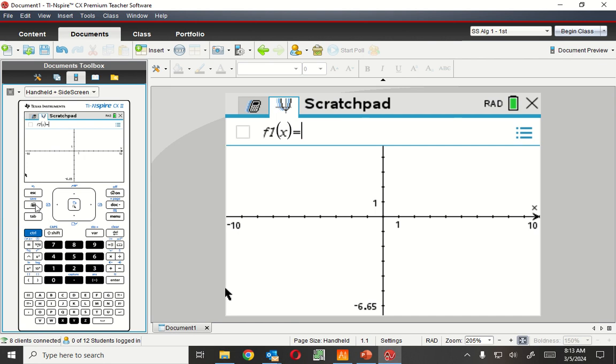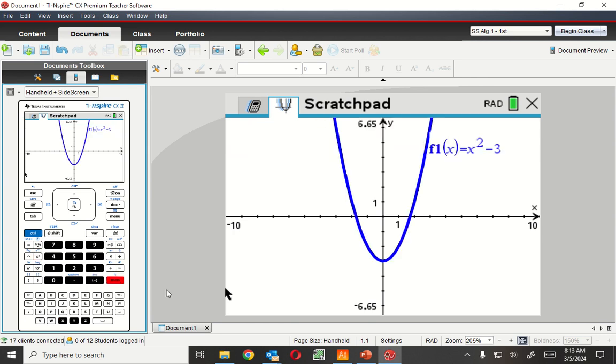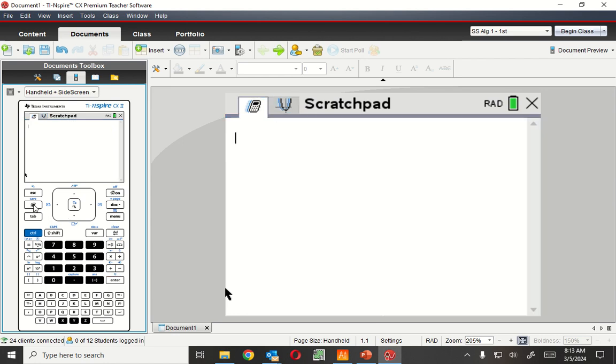My function is x squared minus 3, right? It's going to look like this. Good. I'm going to go back to Scratchpad right here, and I'm going to start entering in my values.